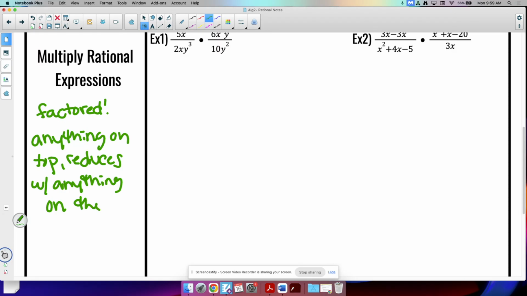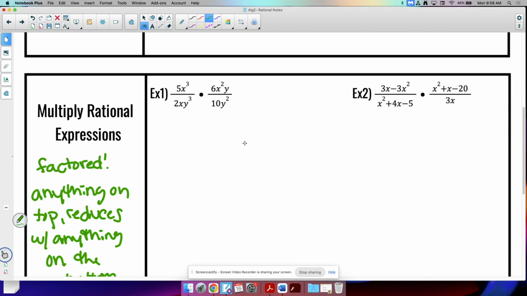Multiplying rationals is literally the same thing we did on Friday, except instead of just one fraction, it's technically two, but you can still lump it into one big old fraction.